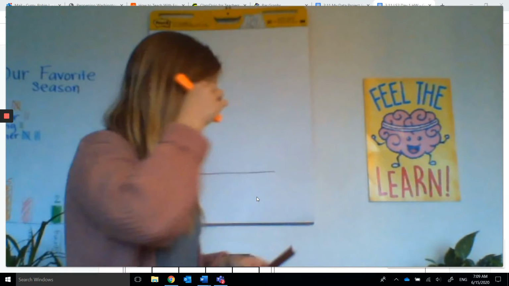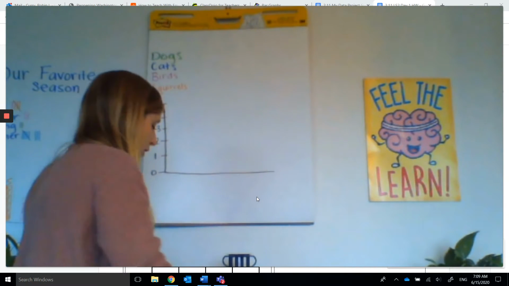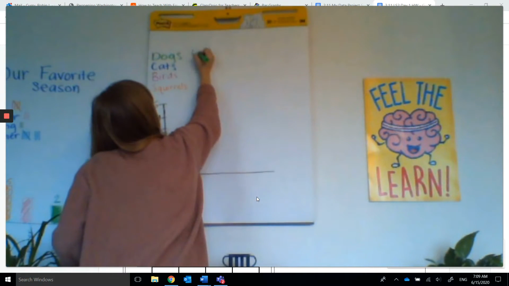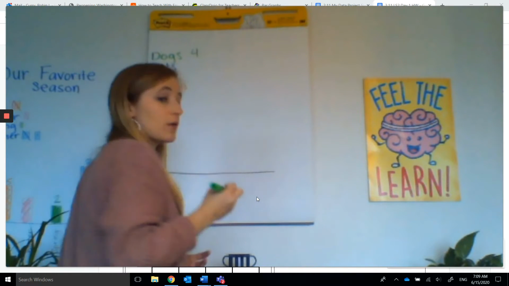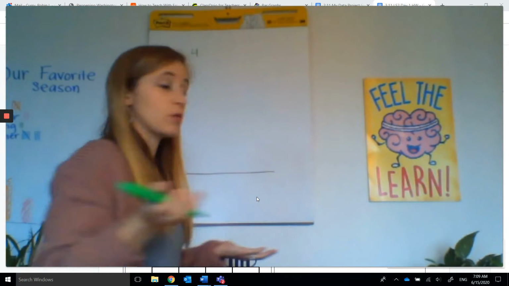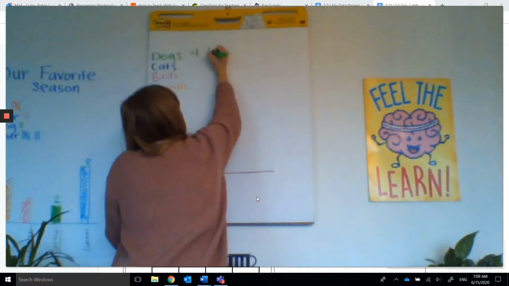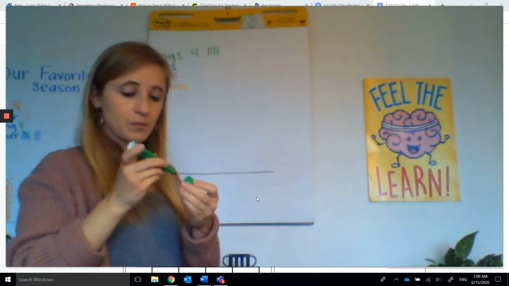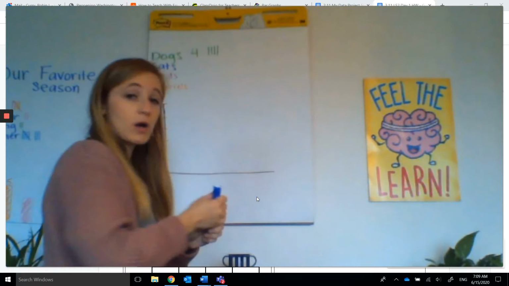Okay, and so while I was out on my walk, I saw 4 dogs. Okay, I could write it as the number 4 as I go. I could also use tally marks like we've practiced before. 1, 2, 3, 4. Okay. When I was on my walk, I saw 3 cats.